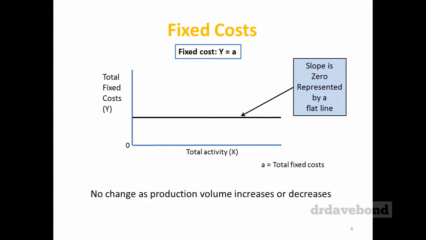If you remember back, you may try to put this out of your mind, but the function for a straight line is y equals a plus b times x. So that's for a straight line with an intercept.